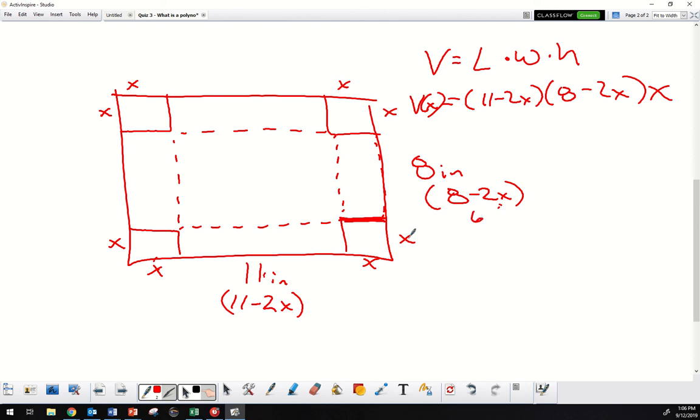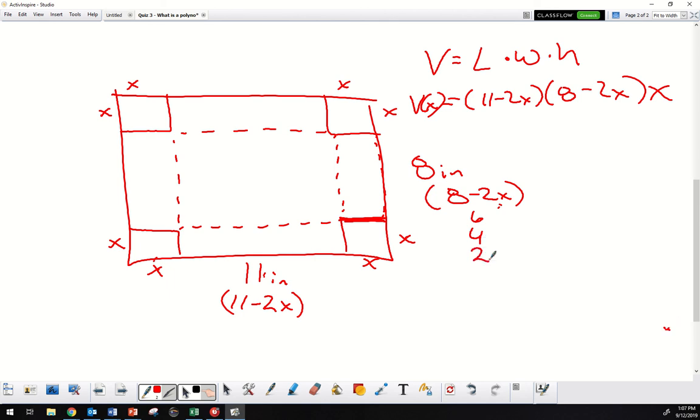If I plug in 2 for the x, 2 times 2 is 4, 8 minus 4 is 4. If I plug in 3 for the x, 2 times 3 is 6, and 8 minus 6 is 2.